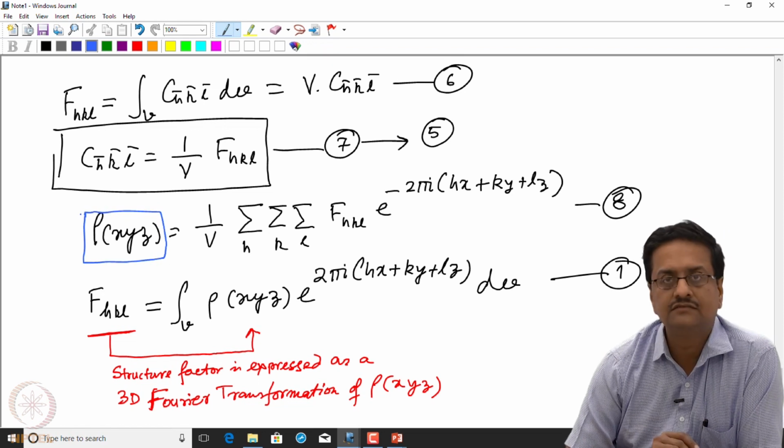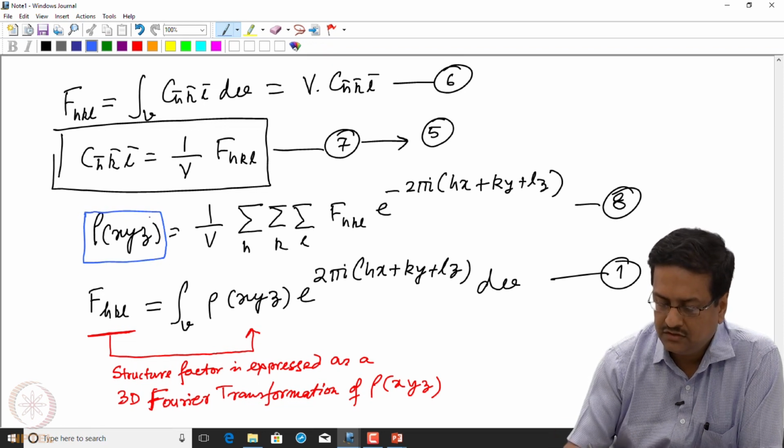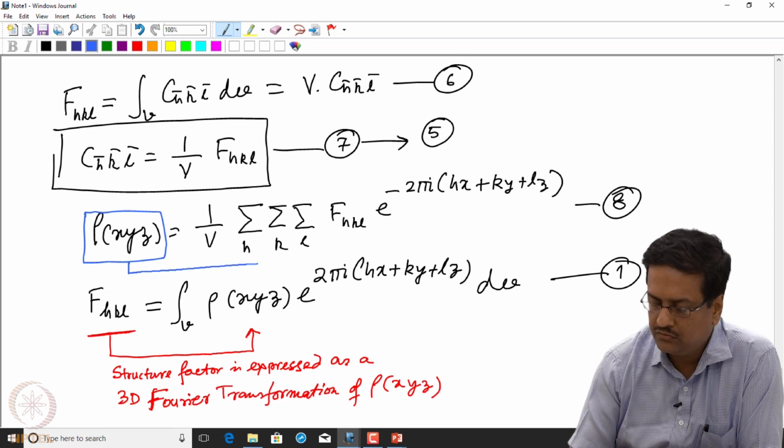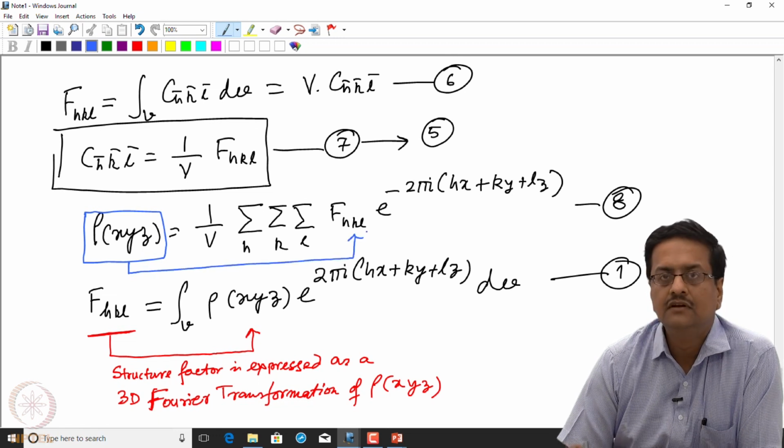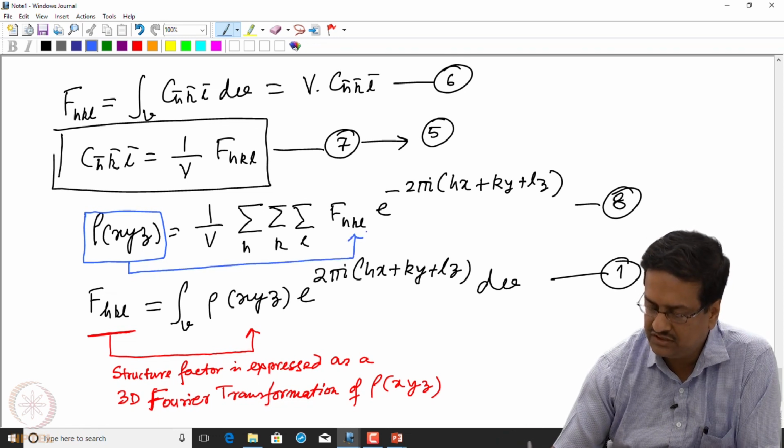we see the reverse. Here the rho is expressed in terms of F(HKL). What does it mean?